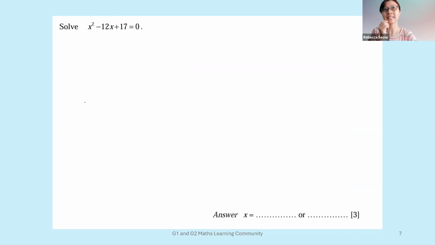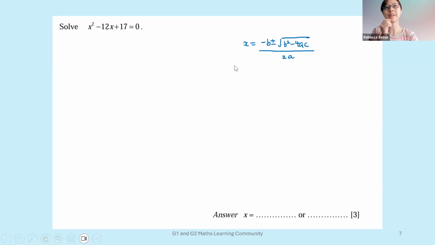Finally, solve for this quadratic equation. Again, let's quote the formula. So we have x equals negative b plus minus square root of b squared minus 4ac out of 2a.